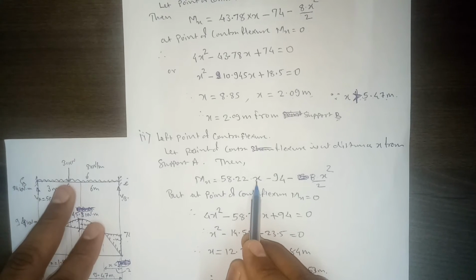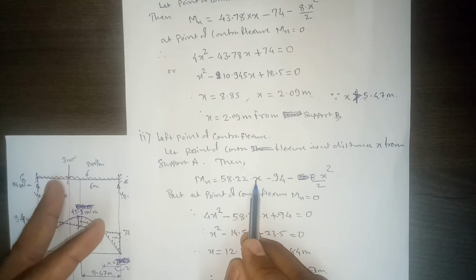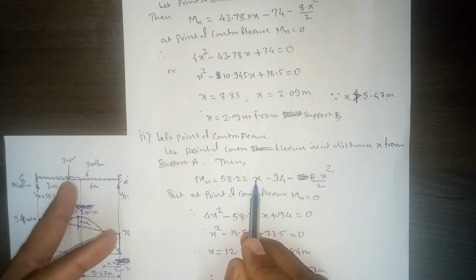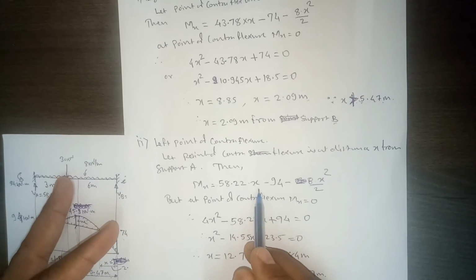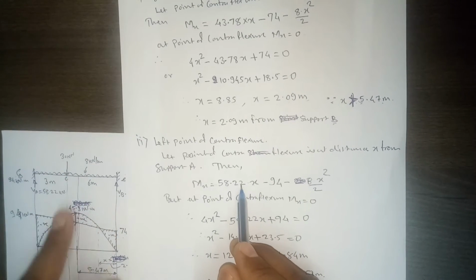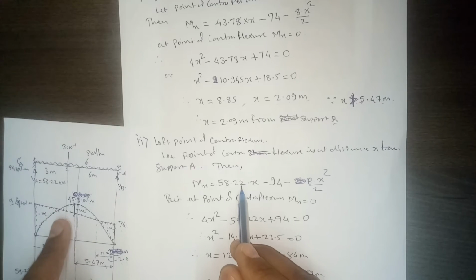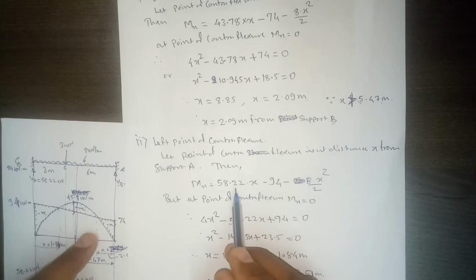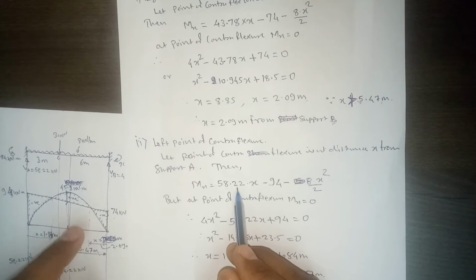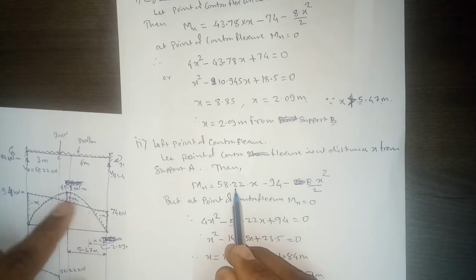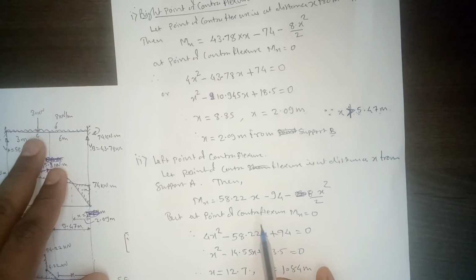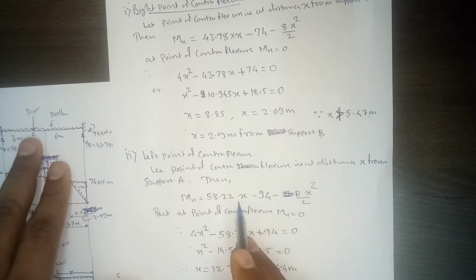We are assuming it will be on the left hand side of the point load, so that's how I'll consider this point load. From here itself you can understand it should be on the left hand side. When you draw this bending moment diagram approximately proportional, then only you will get an idea whether you should consider this point load or not.